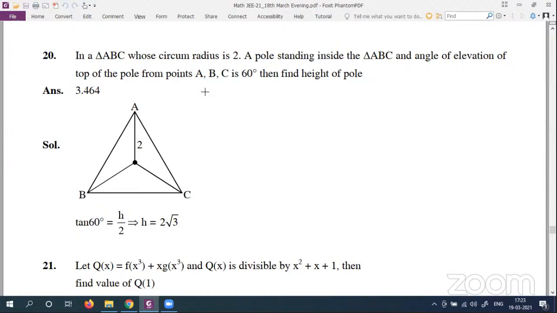So the angle of elevation from the top of the pole is 60 degrees. Then we need to find the height. So simply if you apply tan 60, it will become h by 2. So from this we get h is equal to 2 root 3.